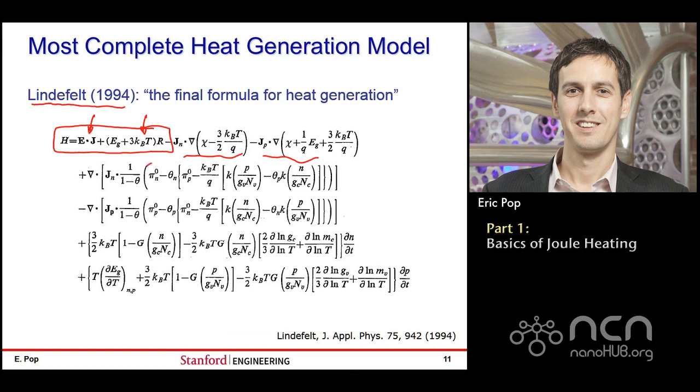And then we have all the Peltier and Seebeck terms over here. And way at the end, he even shows terms which depend on the temperature dependence of the band gap, which we had not discussed so far. But it's basically the first few terms which are the most commonly encountered in semiconductors, as we've discussed so far.